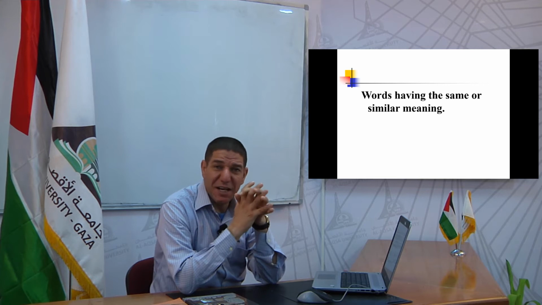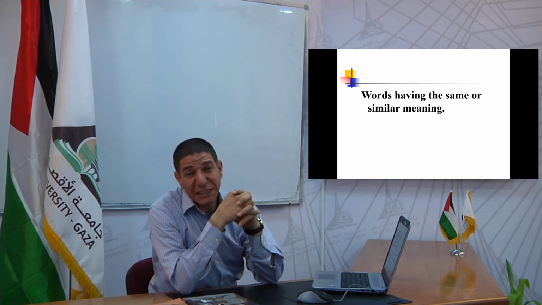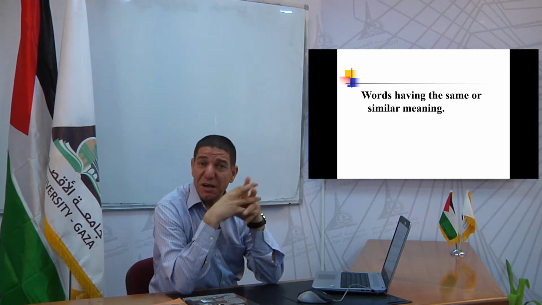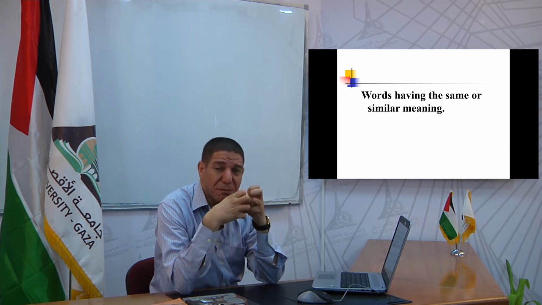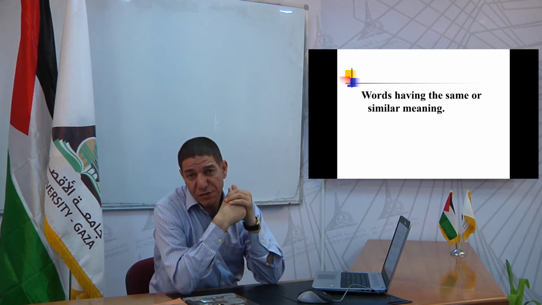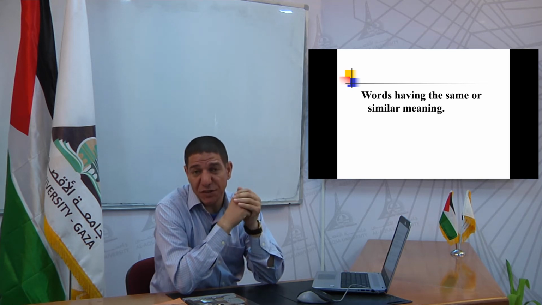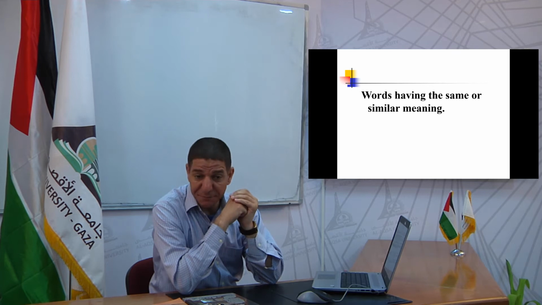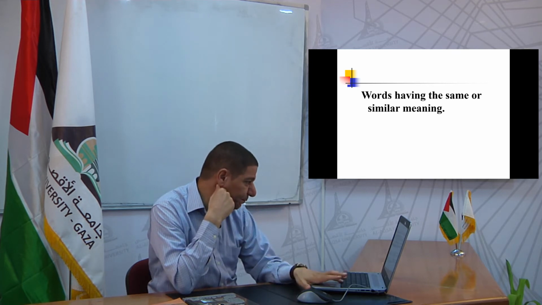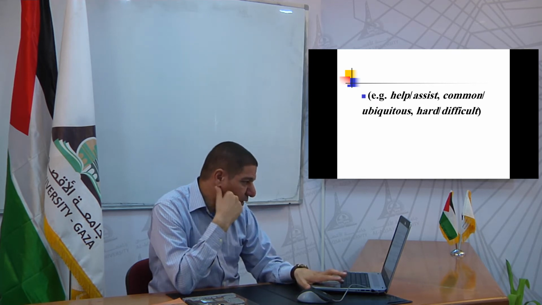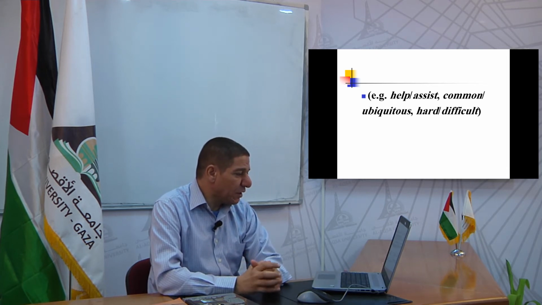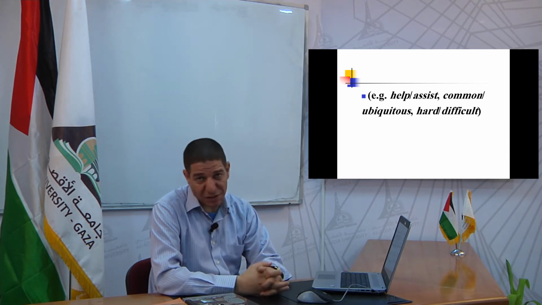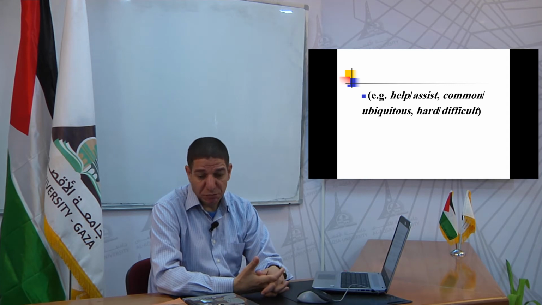Okay? Announce is different from declare. They are of the same family, they are synonyms, they are similar but not same to the majority of theoreticians, by the way. Okay? We'll come to this. Help, assist, common, obtuse, hard, difficult. Is hard the same as difficult? Hard, صعب. Difficult, صعب.